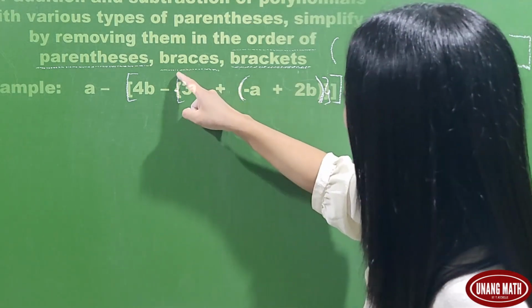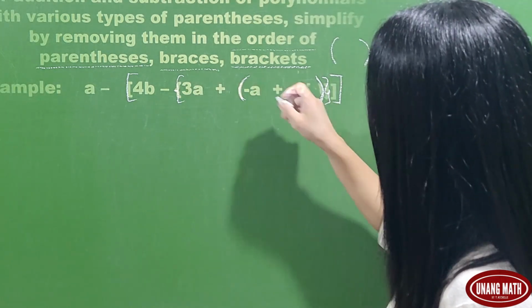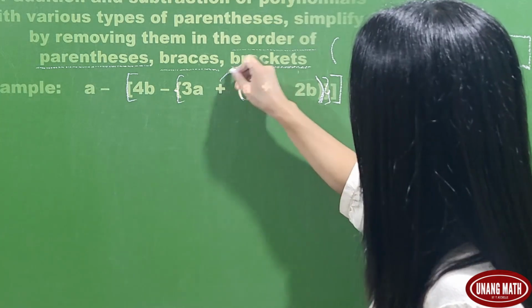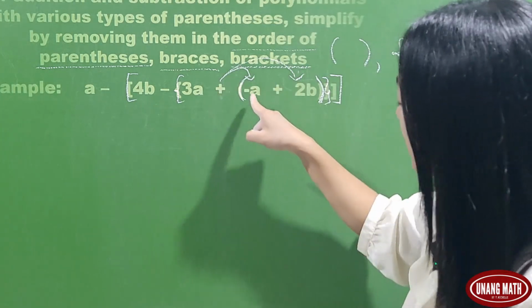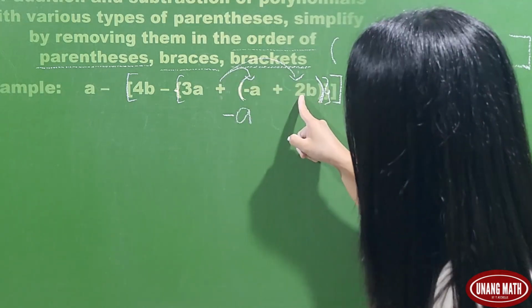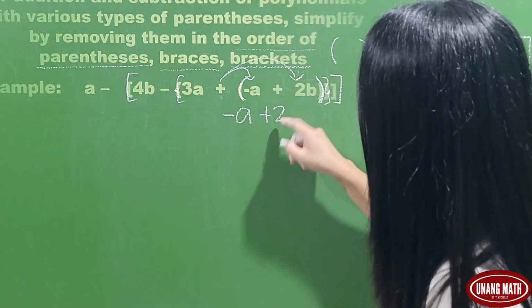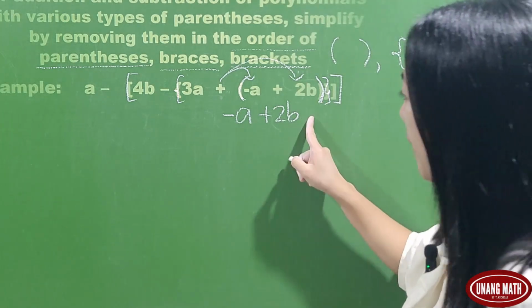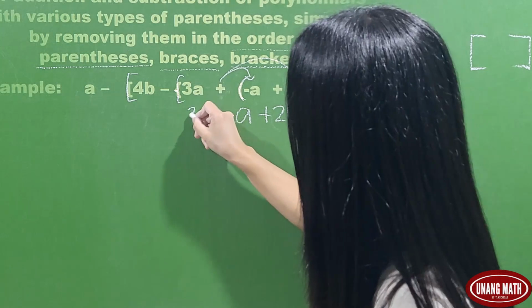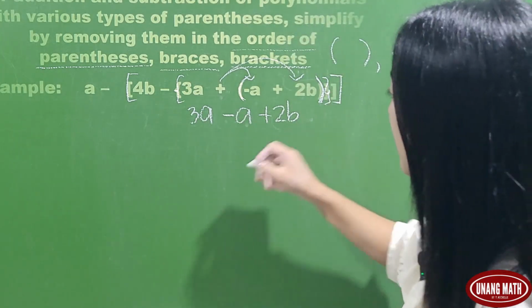Now, we also have braces here. To remove this parenthesis, do the distributive property. So positive times negative a is negative a, and positive times 2b would be positive 2b. So this is 3a minus a plus 2b.